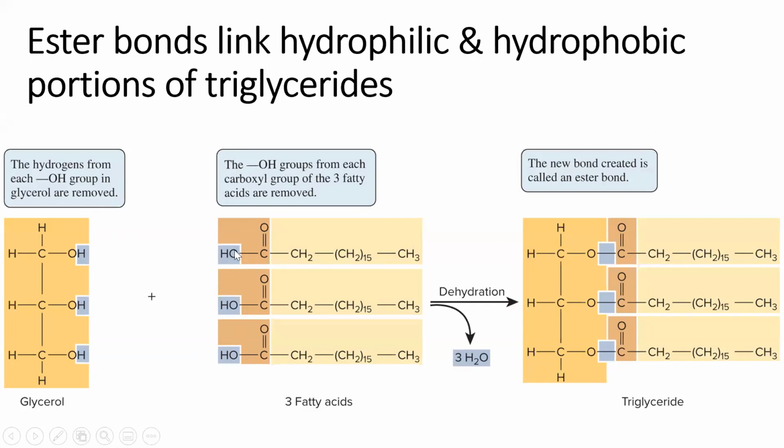Try three. Three water molecules. So there it is, your loss of the water molecules, the dehydration reaction forms the triglyceride, and the bond that connects them is an ester bond.